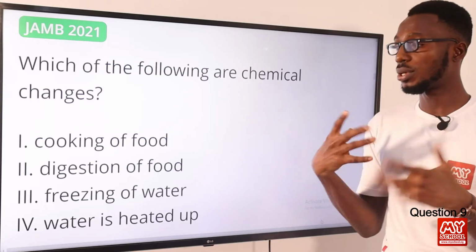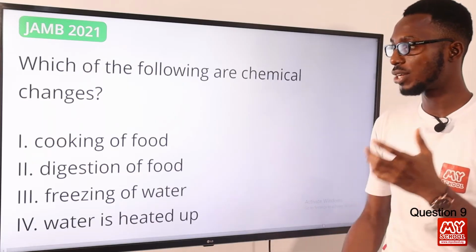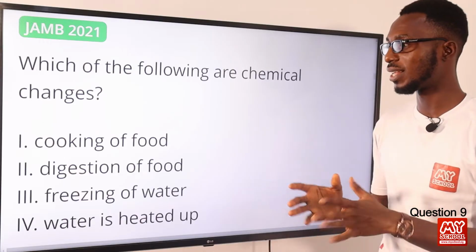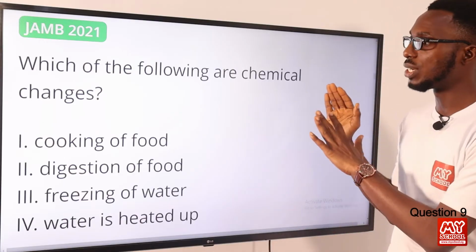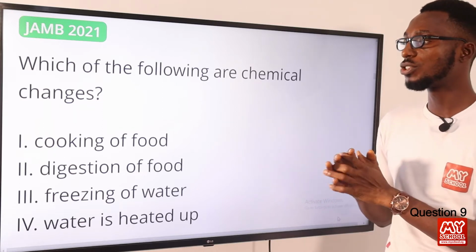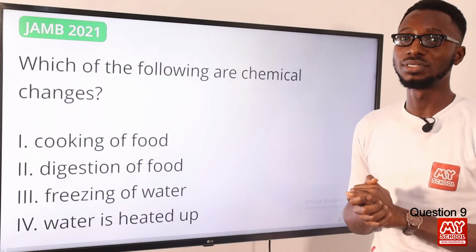Imagine if you eat solid food, the food is broken down for the body to extract energy as well as nutrients. So which of the following are chemical changes? That is I and II. The combination that has I and II is option A. So option A is the right option.